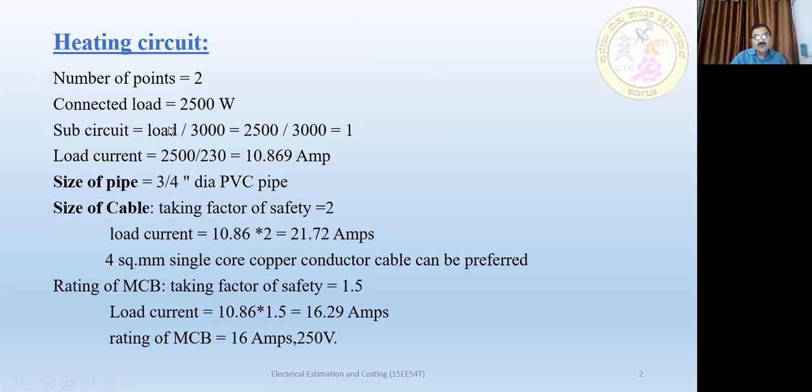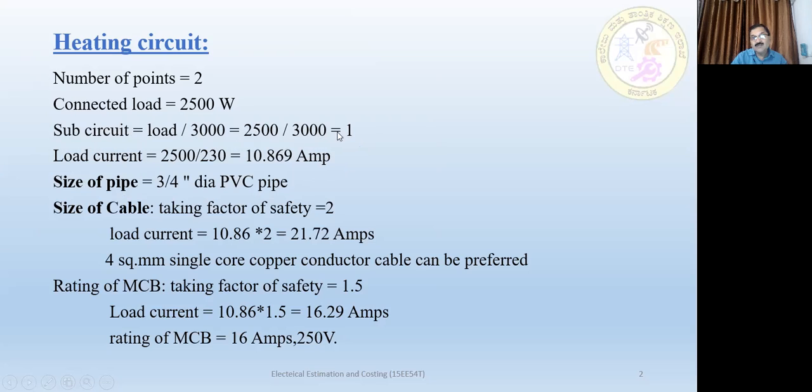Now according to load, subcircuit equals load by 3000. Connected load is 2500 divided by 3000. It gives approximately one subcircuit. So we can have only one subcircuit for the heating circuit. If we got two subcircuits, we would have to calculate the load current in each subcircuit.